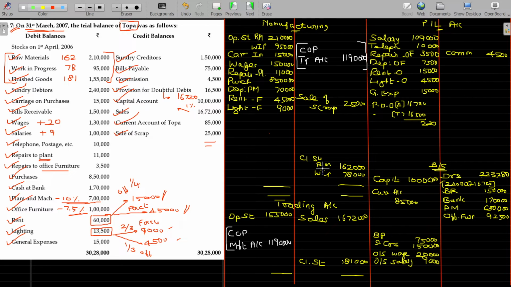Verify this. Already 11 lakhs 19,000 is there in the credit side. How will it be 12 lakhs 15? 14 lakhs 55,000. Be careful in that.